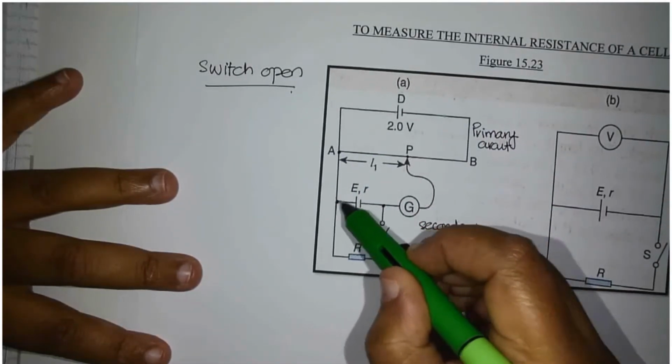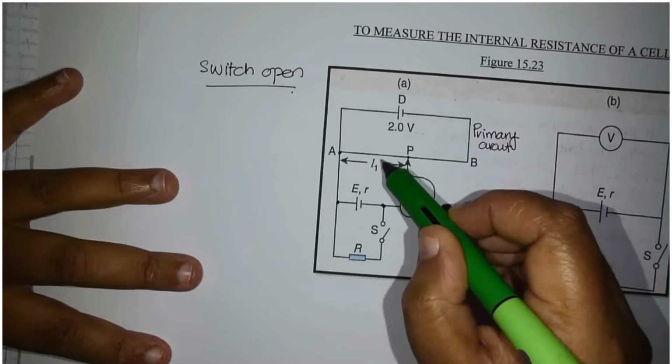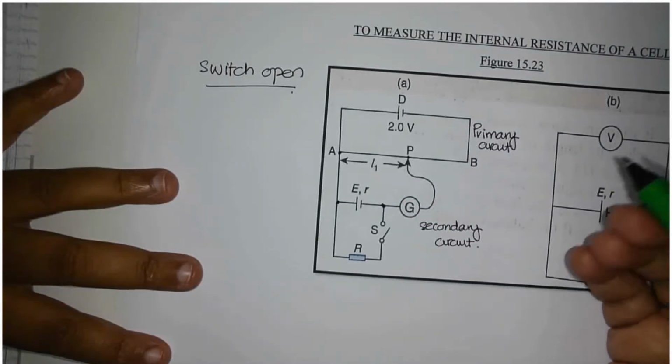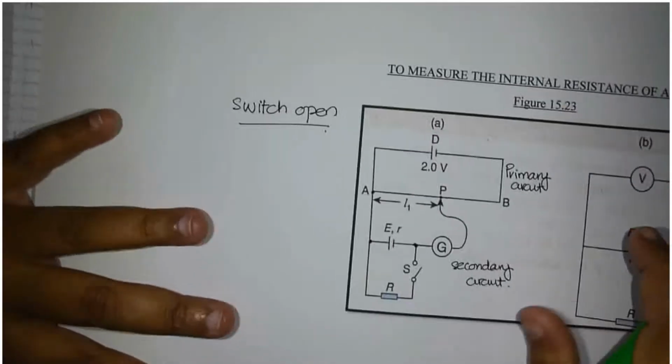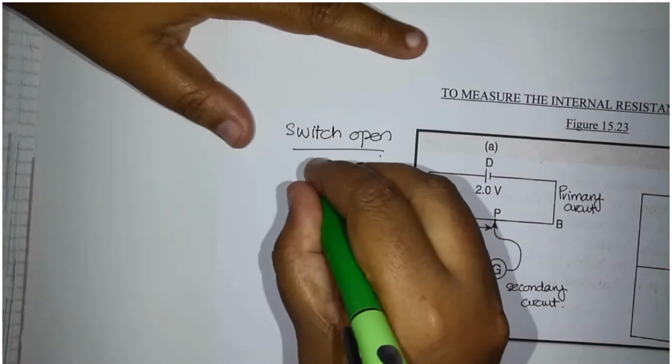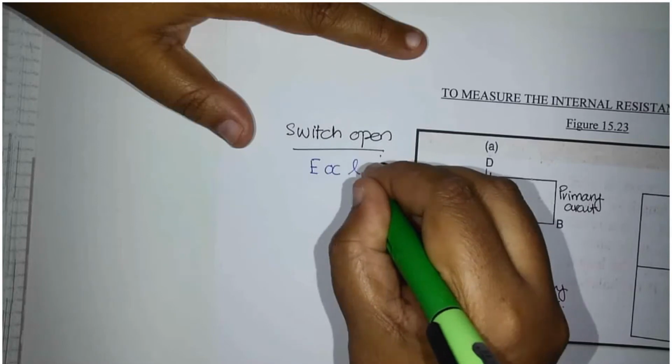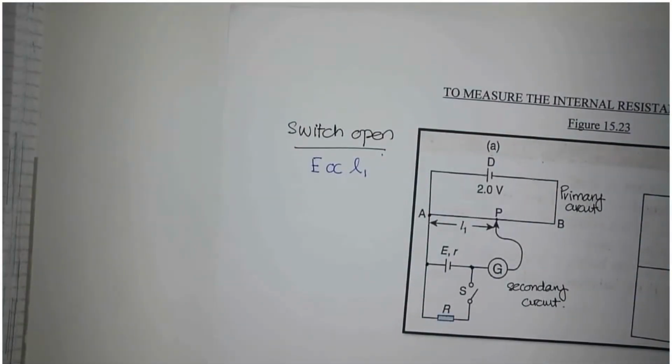Therefore, the voltage from this point to this point is directly proportional to the balance length L1. And this voltage is actually E. So I can say E is directly proportional to L1.